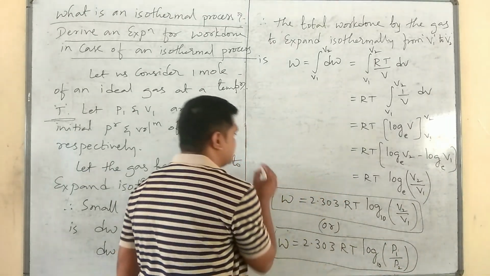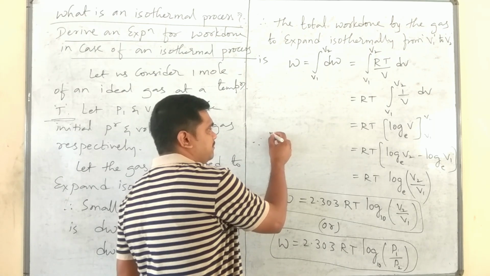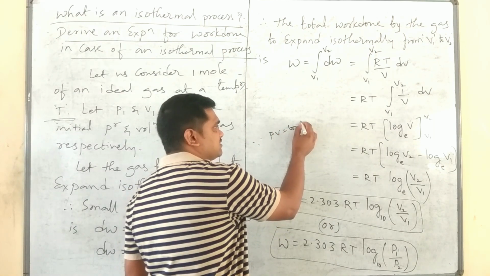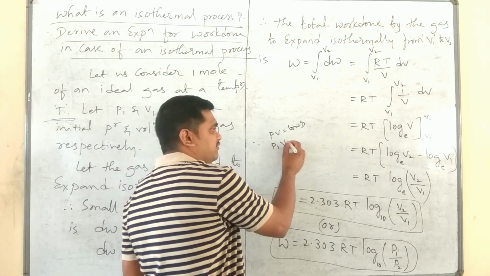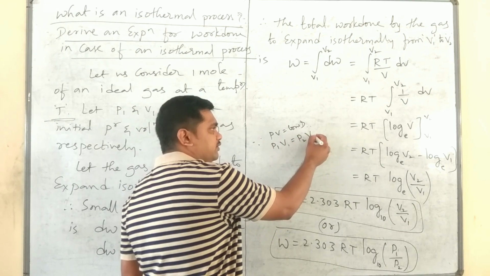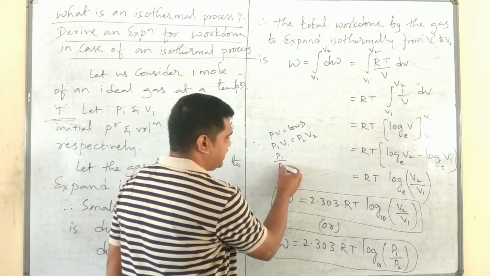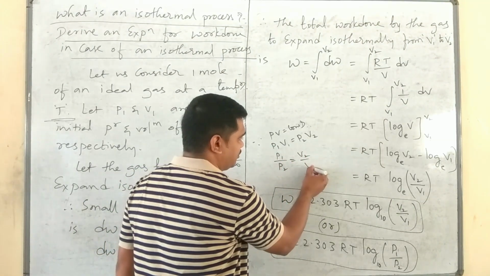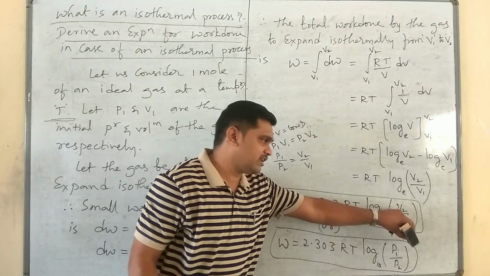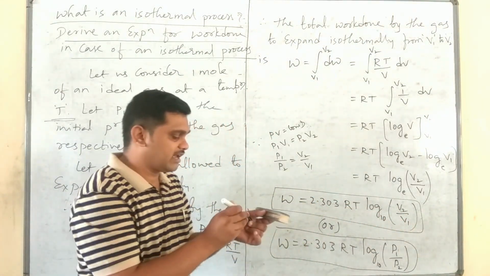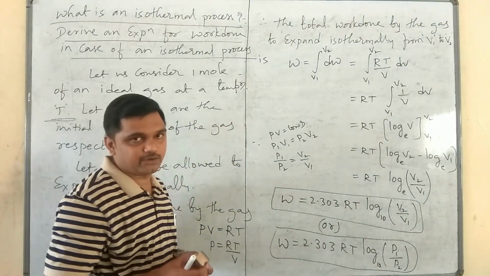Because in case of an isothermal process, PV is equal to constant, that is P1 V1 is equal to P2 V2. Therefore, P1 by P2 is equal to V2 by V1. Therefore, in place of V2 by V1, we can put P1 by P2.